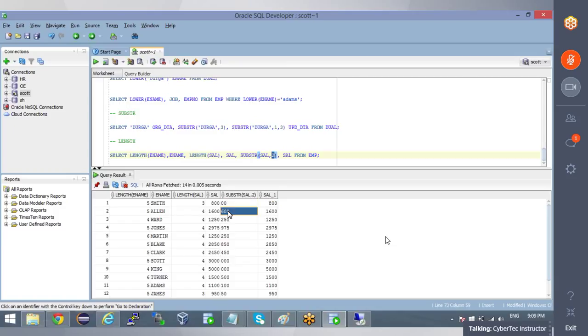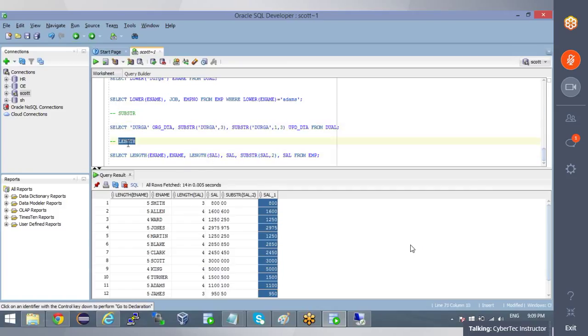See, the output is 0 0. For 1600, 600 is your output. So these functions can also be applied on numerical data. It is not necessary that the substring function and the length function need to be applied on string data, but they can also be applied on numerical data. Is that okay? Clear?